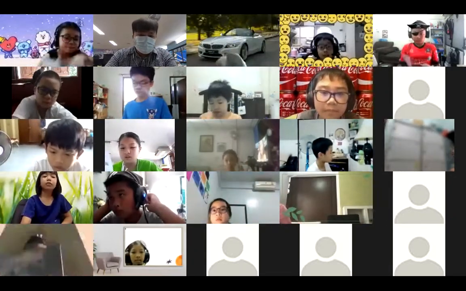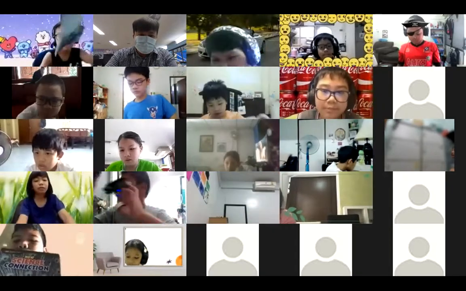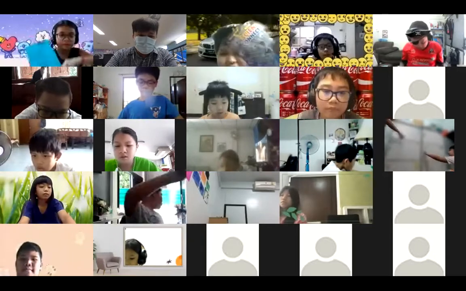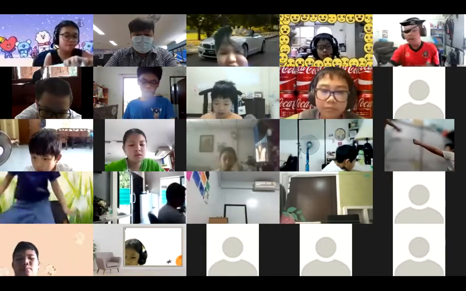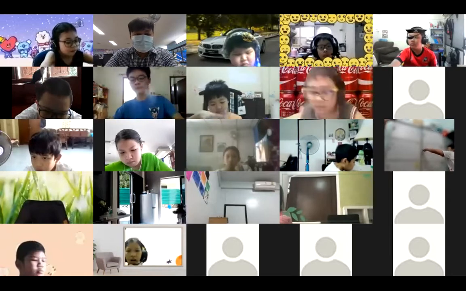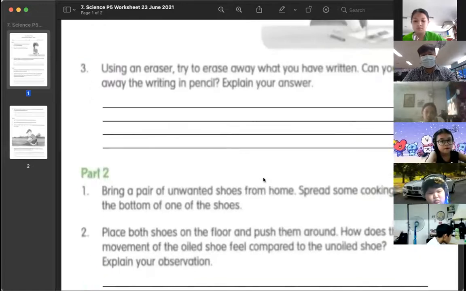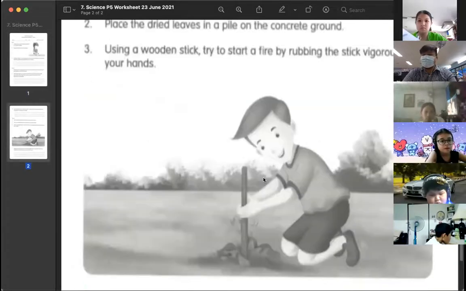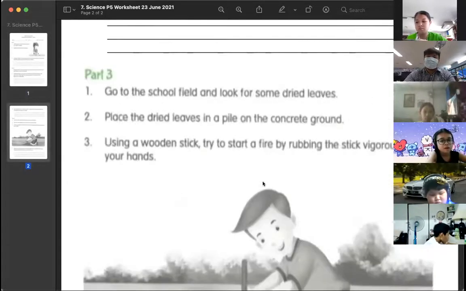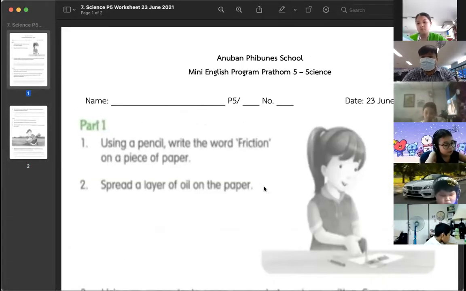In the science workbook, some don't have the workbook, but if you look at the worksheet, the printing is not good, it's black and white. This is the worksheet, but if you don't have a workbook, answer the worksheet.